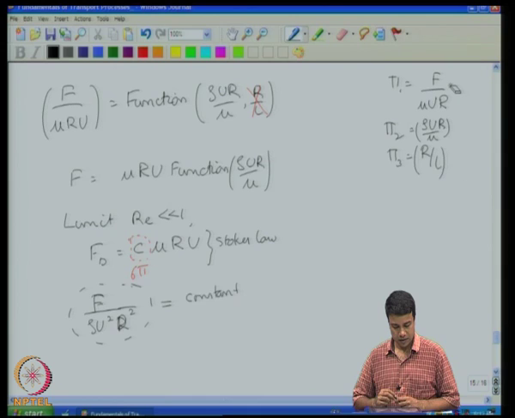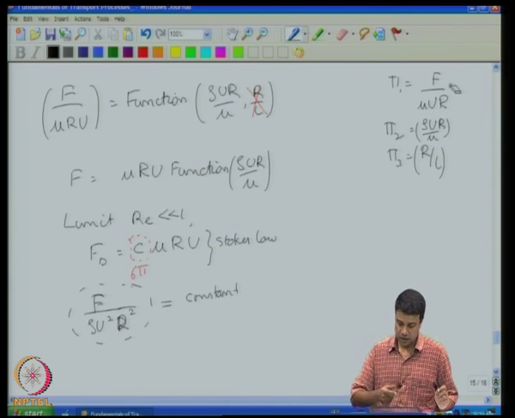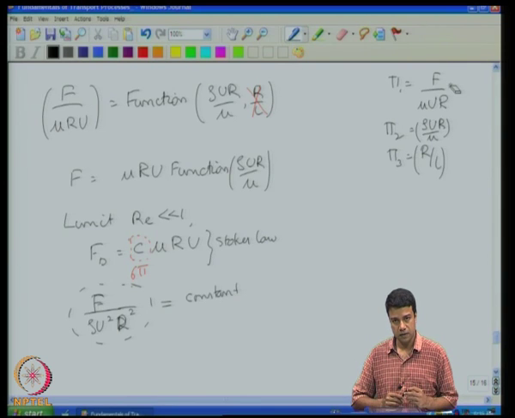And I told you that you can do a little more than just finding out a relationship between these different groups. If r is large, if the width of the tank is large compared to the radius of the sphere, then the fact that there are walls should not matter, because the walls of the tank do not affect the velocity field around the sphere, and then the dependence on r by L is removed.